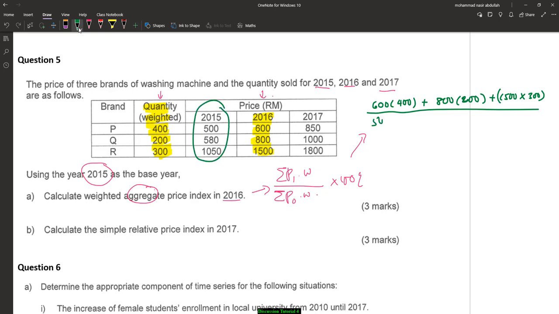So 500 multiply with 400 plus 580 multiply with 200, and the last one is 1050 multiply with 300, and don't forget to multiply with 100%. So this one will be 134.71%. Dia tak suruh komen kan, so don't comment lah.